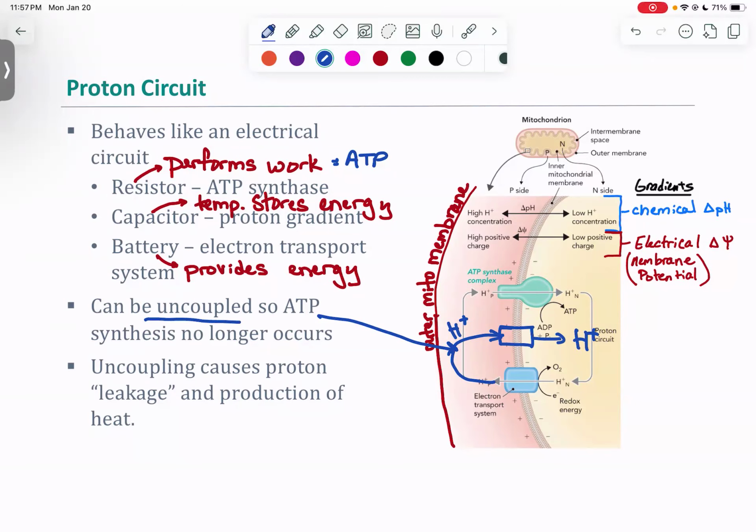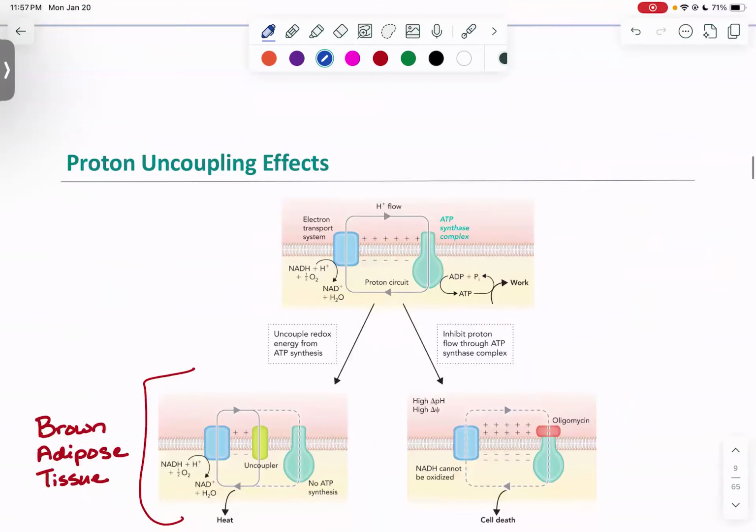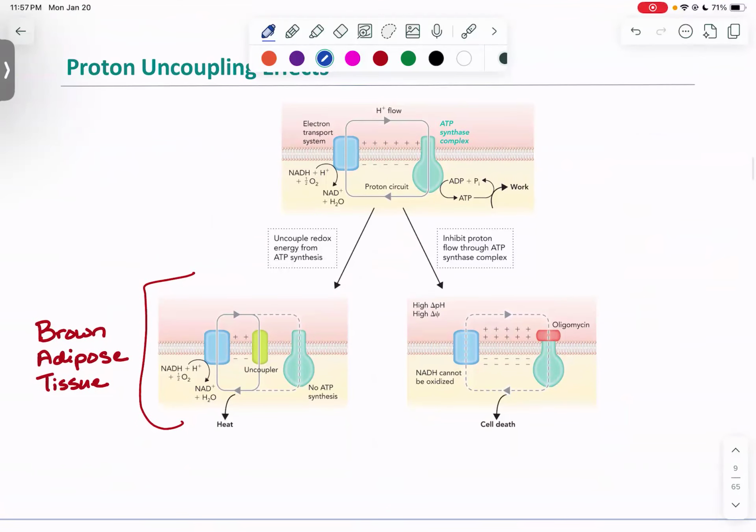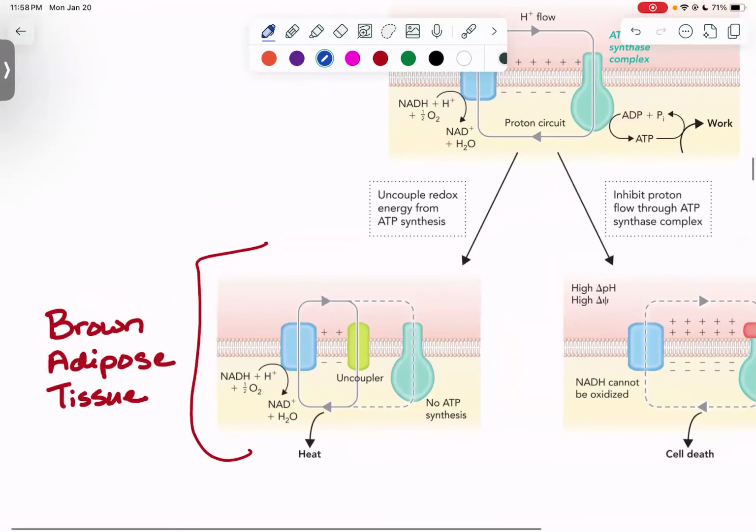Sounds like that's a bad thing, but it's really not. The reason that it's not bad here is that sometimes it's more important to generate heat than it is to make ATP. So if we do this bypass, we call this protein channel an uncoupler. Our electron carrying molecules come in, drop off their electrons, our protons move from one side to the other, and they don't go through the ATP synthase complex.